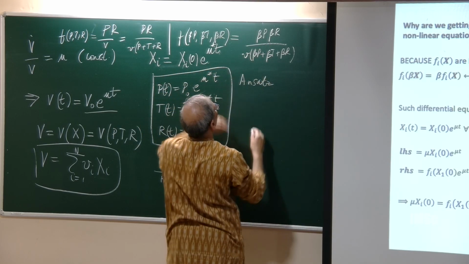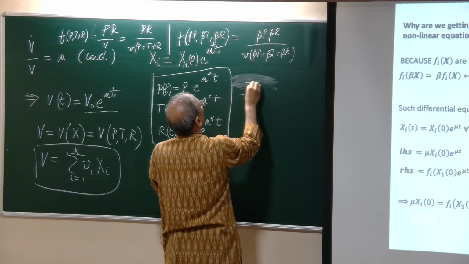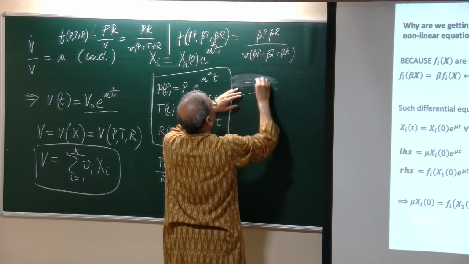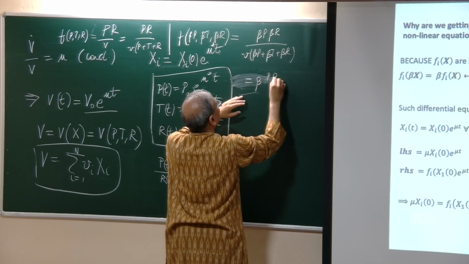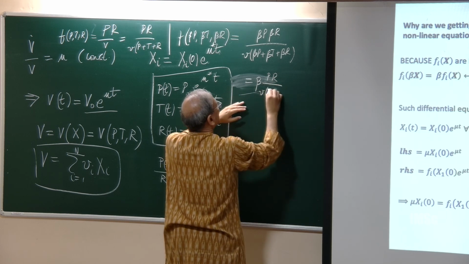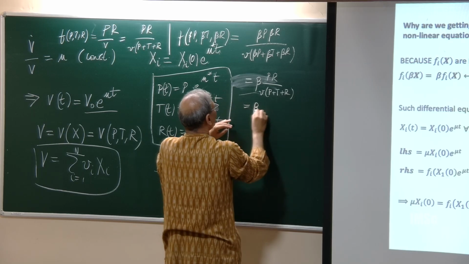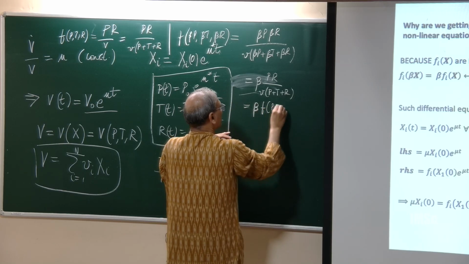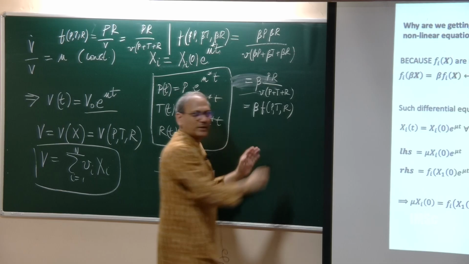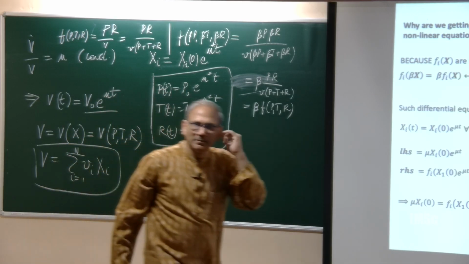This is going to be beta times PR over V, P plus T plus R, which is just beta times f of PTR. That's all I'm saying. Is this clear?